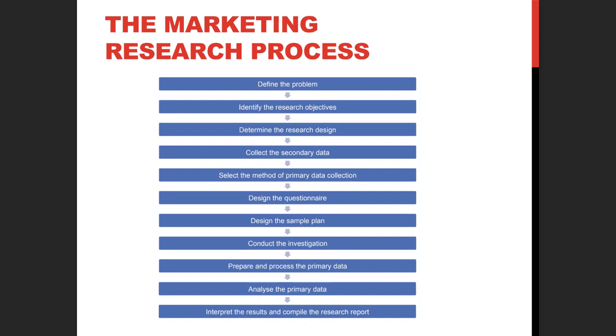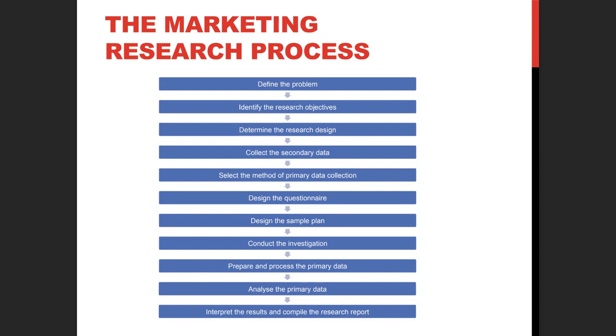So after you have determined that there is a problem, you have clearly demarcated it, and you know what you want to investigate, you ought to reformulate the problem and clearly define it as a problem or as an opportunity. As we said, research can be opportunity driven, and it can also be problem driven. So there is need to define the problem.